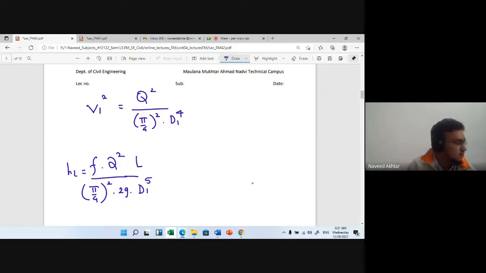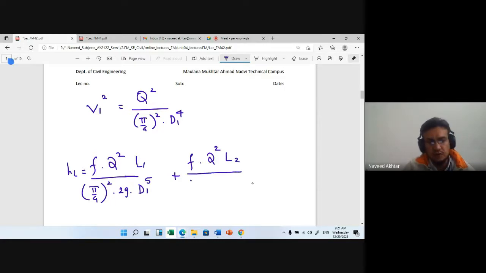Similarly, for the second pipe, HL2 is F Q square L2 upon pi by 4 whole square 2G into D2 raised to 5, and similarly so on for however many pipes there are. I will call this equation number 1.